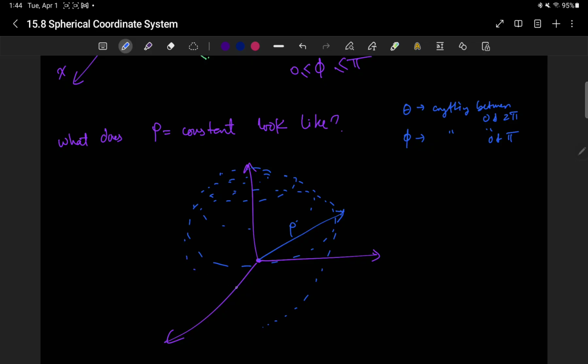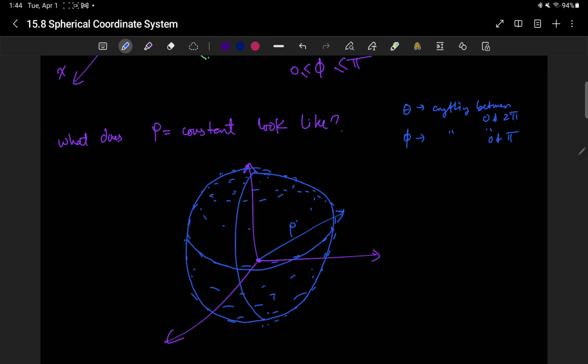So if you look at what that comes out to be, you will have something like that, and there's going to be whole rotations around, and whole rotations on this axis.